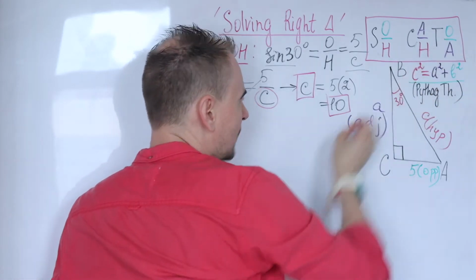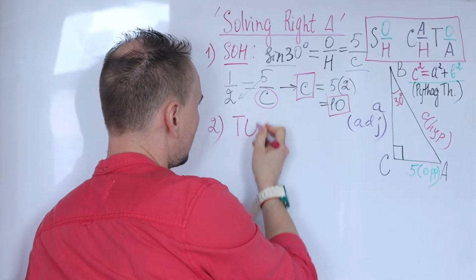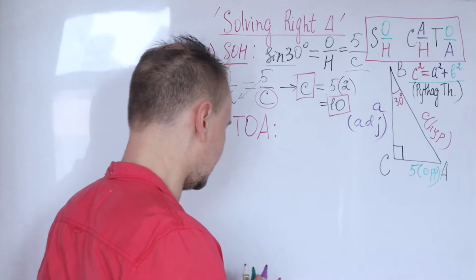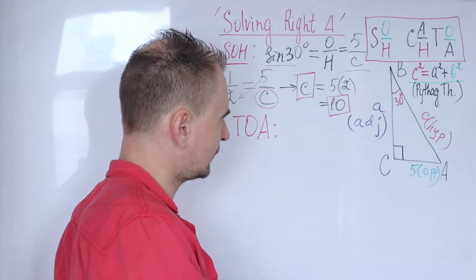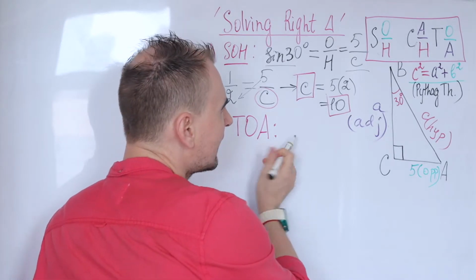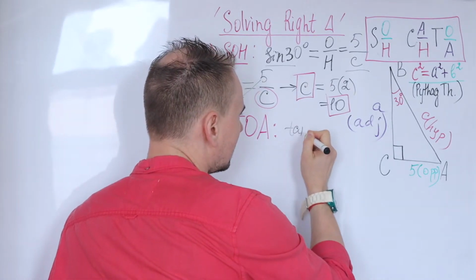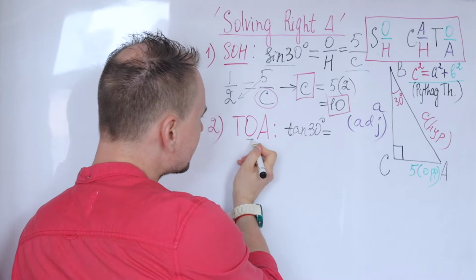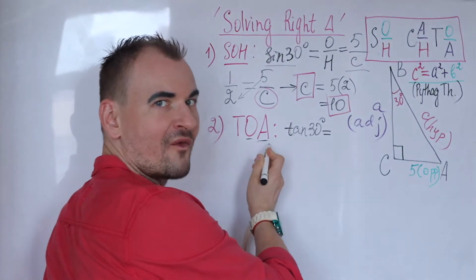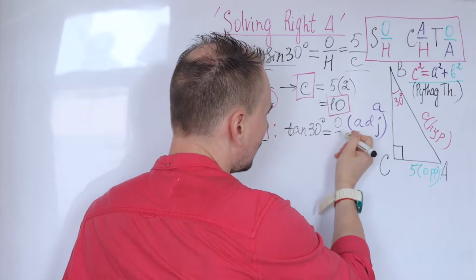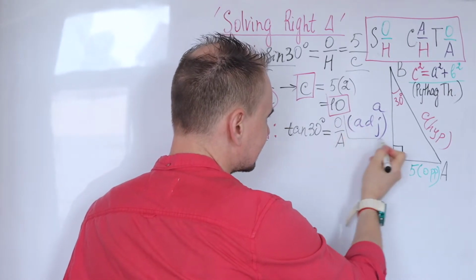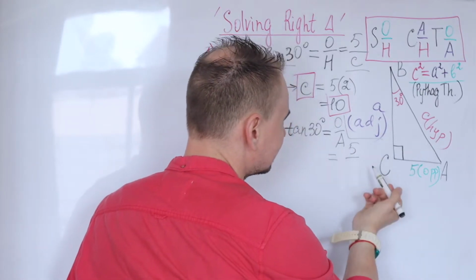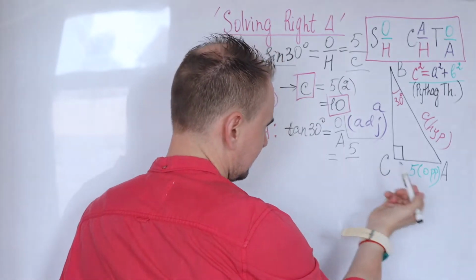So I'm going to pick this TOA part and just write it down, TOA, and write this little equation that connects your pieces of information. Tangent of 30 degrees equals opposite over adjacent, so O over A. Your opposite side is 5, and adjacent is what we're looking for.